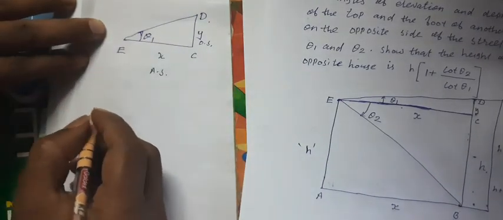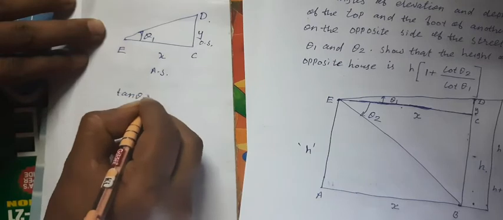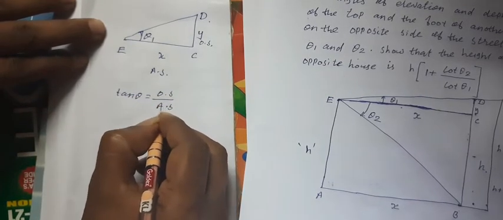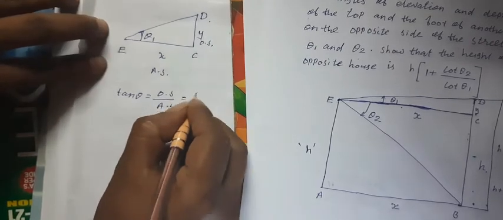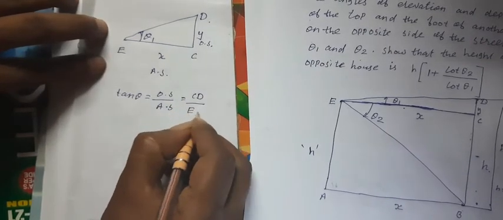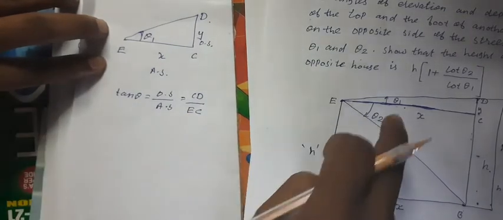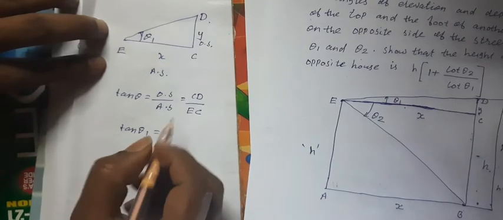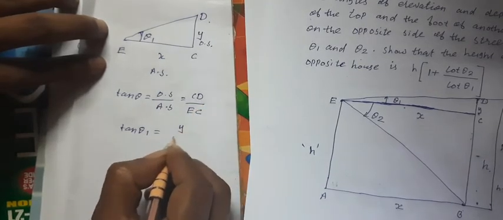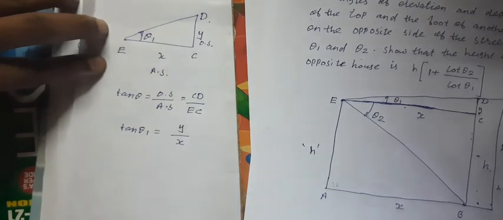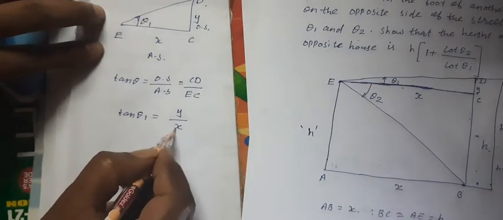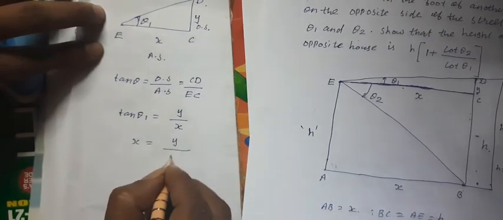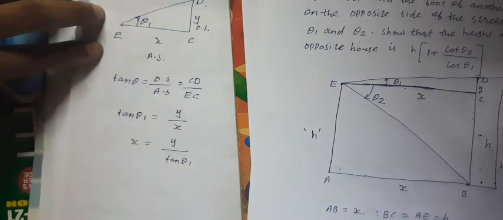Okay, we can use the formula tan theta, which is equal to opposite side by adjacent side. Here the opposite side is CD and the adjacent side is EC, and theta is theta 1. So tan theta 1 is equal to y by x. Then we change x to this side: x is equal to y divided by tan theta 1.